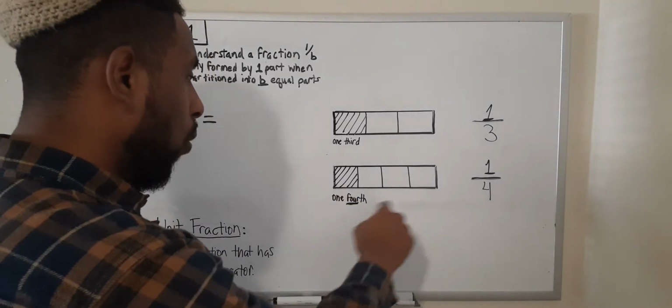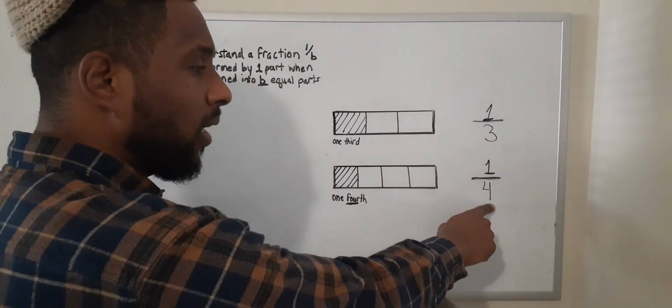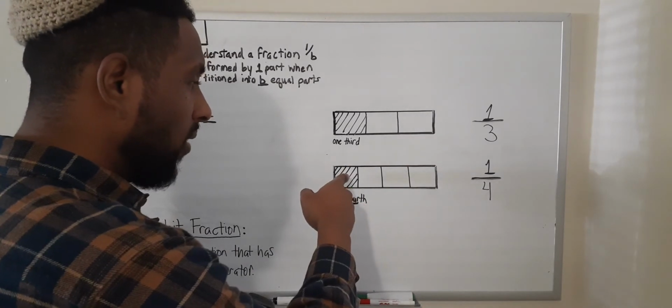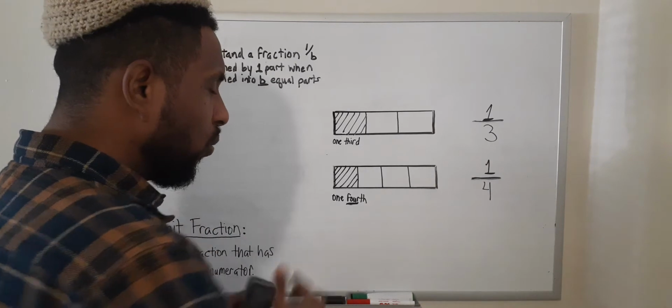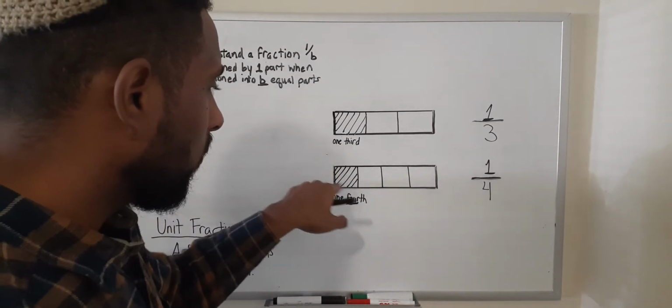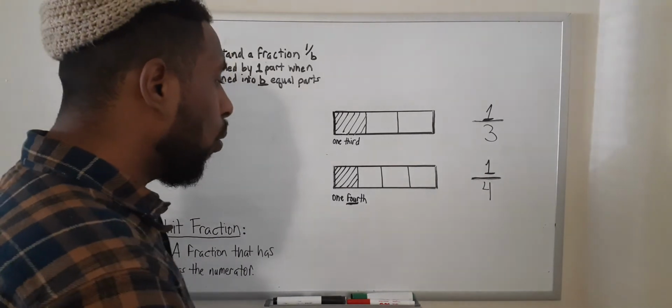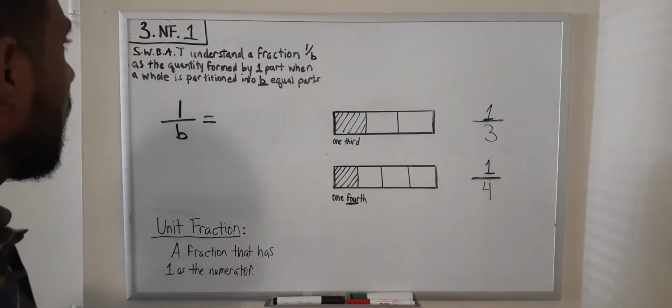I have 4 equal parts, 1, 2, 3, 4. My denominator reflects that. I have 1/4 that is shaded or identified. My numerator represents that. And writing that in unit form, I know that the value of each part or the shaded portion of my whole is 1 fourth. So that is a unit fraction.